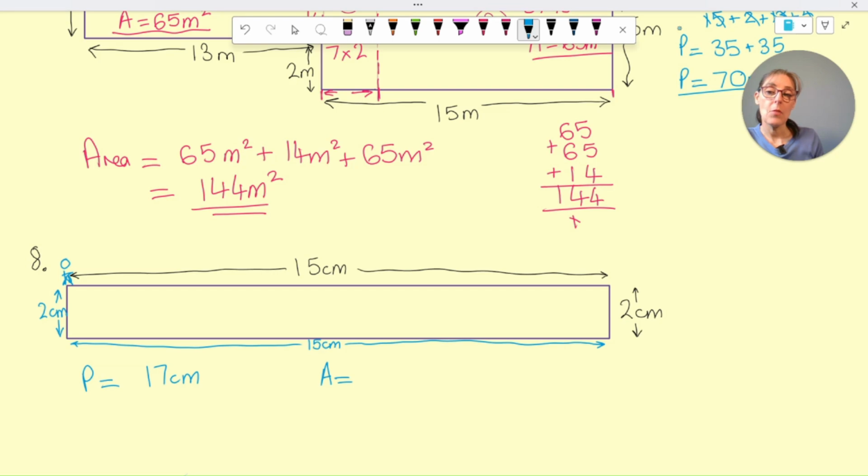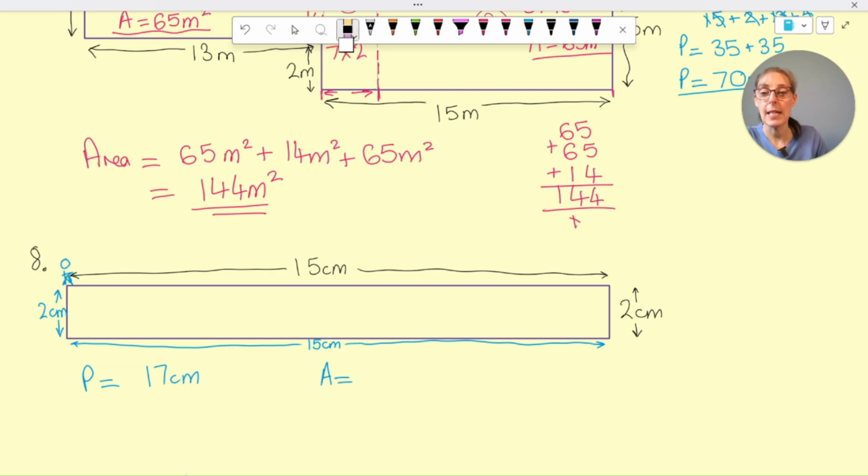So if you were going to walk around the outside of this space, how far have you walked? Now it's centimeters, so you won't have walked very far. I'm not even sure, I'm thinking of a length of a foot. But we've got 15 plus 2 is 17, and 15 plus 2 is 17.